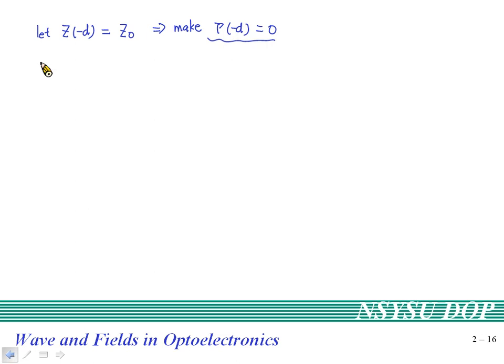And in the previous slide, we have learned that by the quarter wave dielectric layer, the Z of minus d can be obtained as this one. And the value of Z sub 0 is this one.